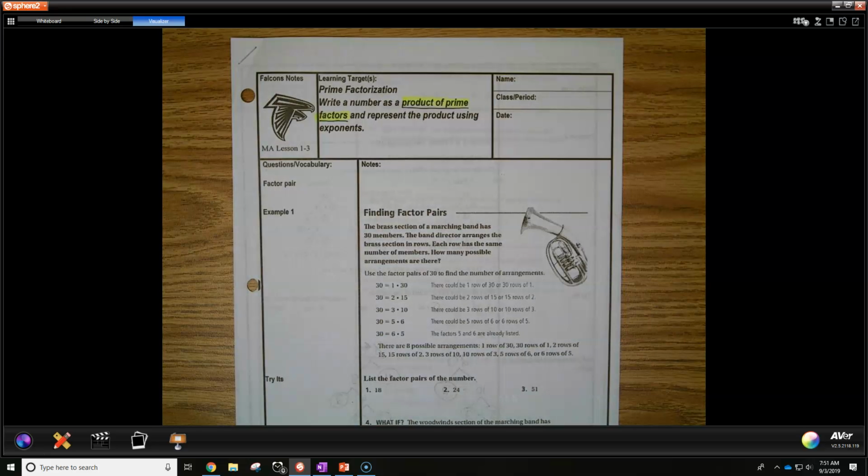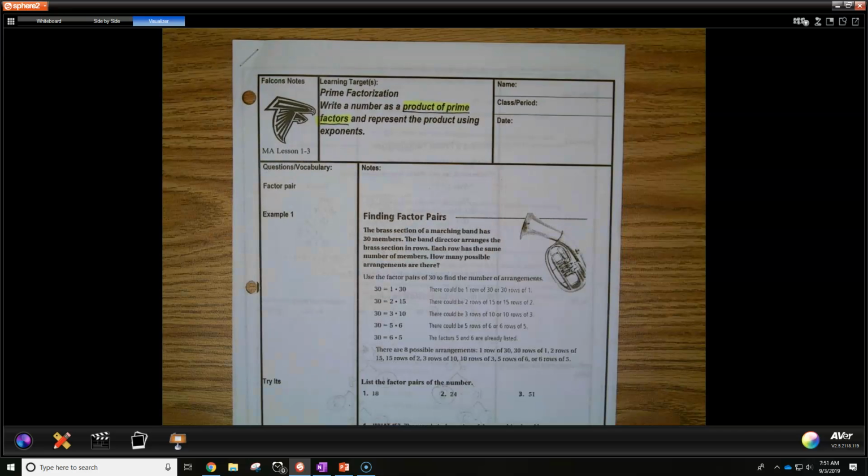On your homework, that's the question that's really messing people up. Remember, what does the word product mean? The answer to a multiplication. So I will write a number as a product. I'm going to write a multiplication problem out. It then says of prime factors.